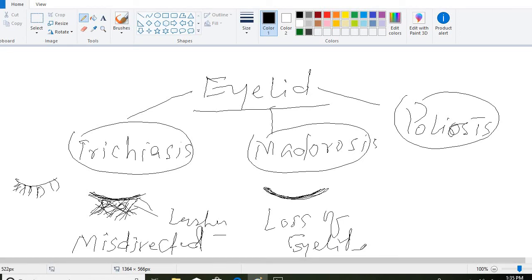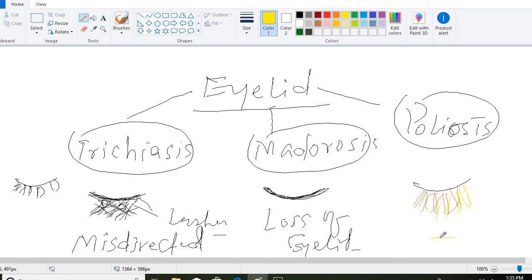And in poliosis, there is loss of color from the hair, so the eyelashes have another color or lose their color.